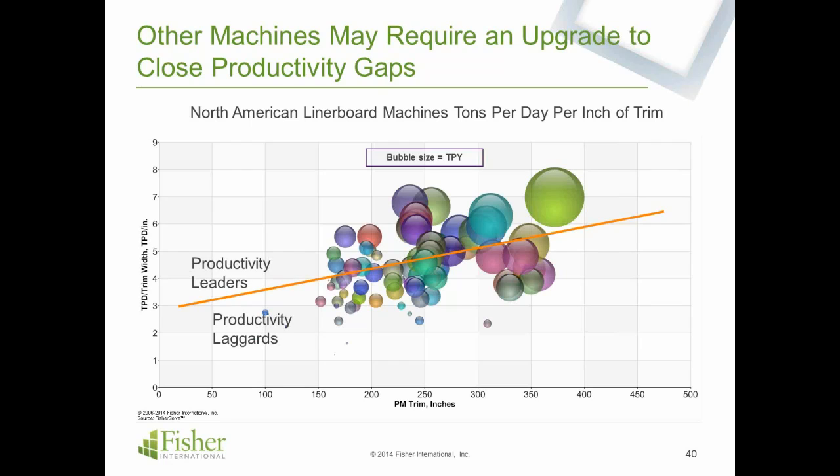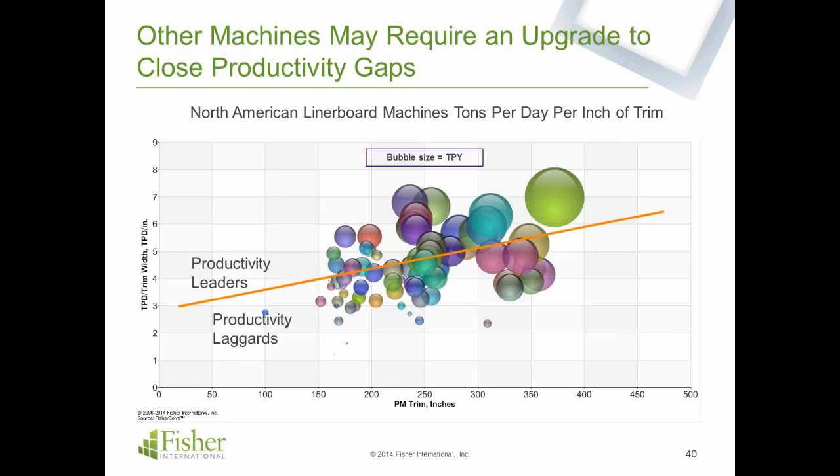So if we strike a line sort of through the middle of this pack, what we could say is that machines that are above this line, let's focus on these machines here, around 250-inch trim machines. These machines are producing a little more than 3 tons per day per inch of trim, while these two are similarly sized but are producing close to 7 tons per day per inch of trim.